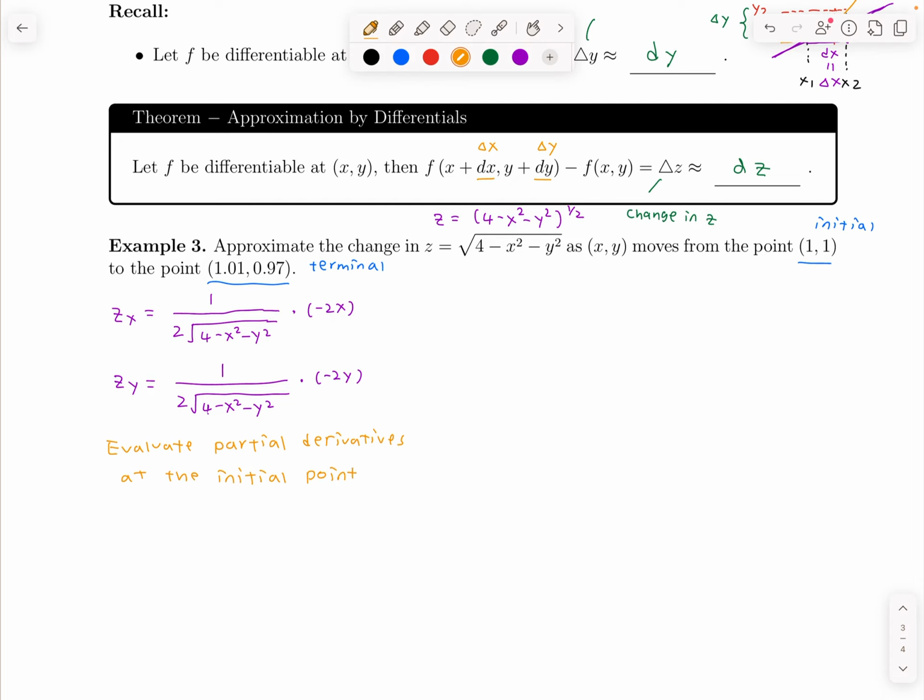Okay, so that means right here my z sub x at 1, 1 should be negative 1 over square root of 2. And your z sub y at 1, 1, well, this is the same thing, negative 1 over square root of 2.